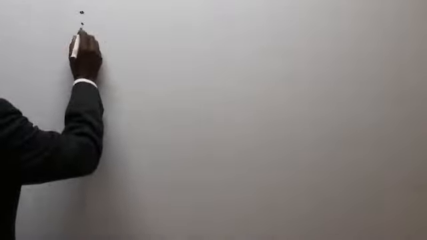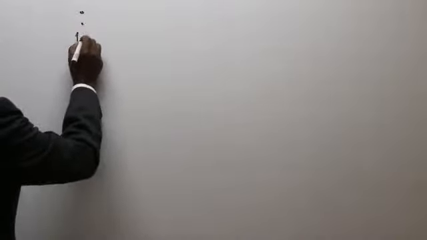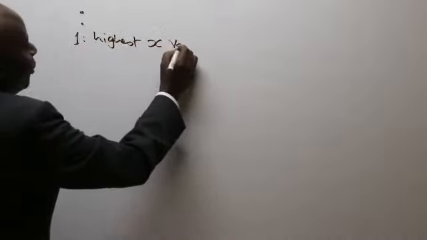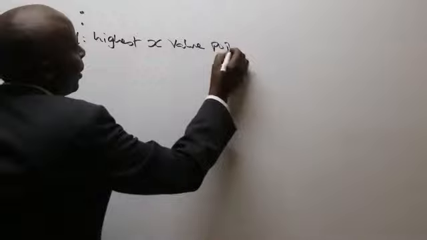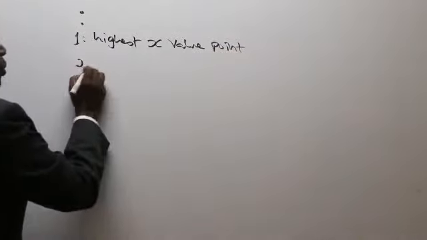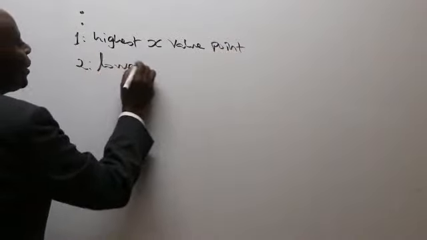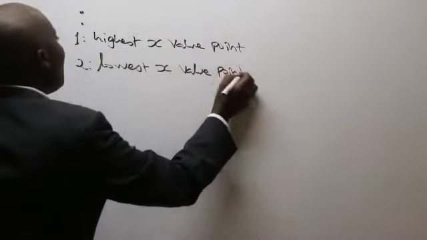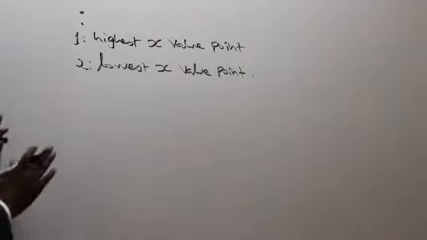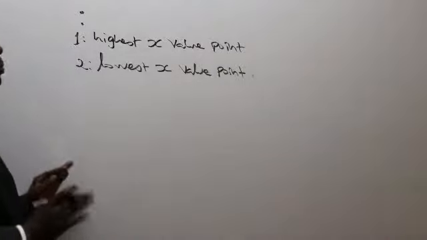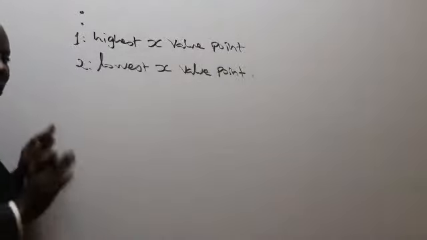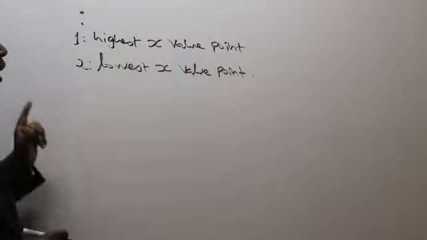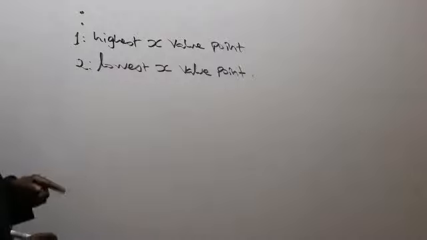The first point is the highest X value point, and the second is the lowest X value point. So it uses 2 points only to develop the straight line function: number 1, the highest X value point, and number 2, the lowest X value point.